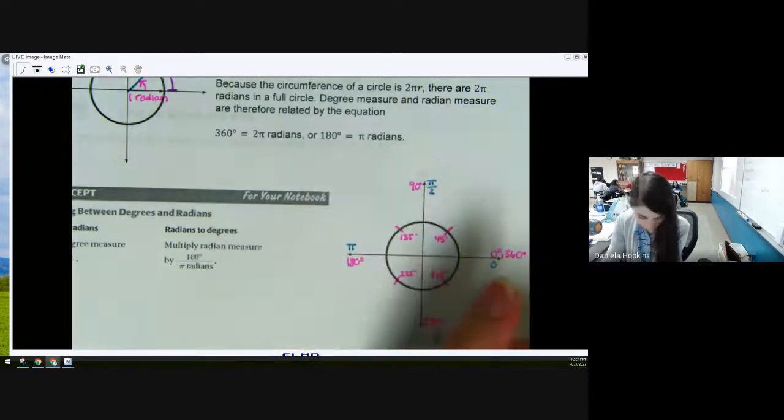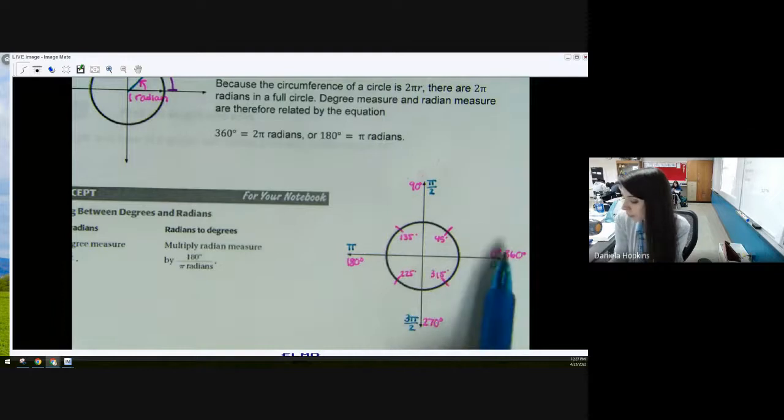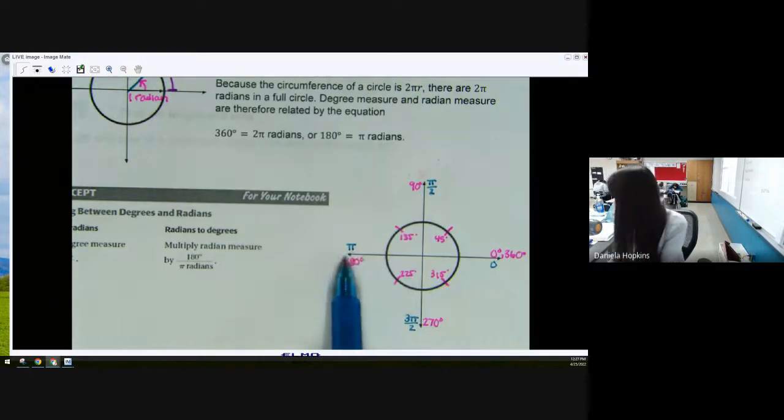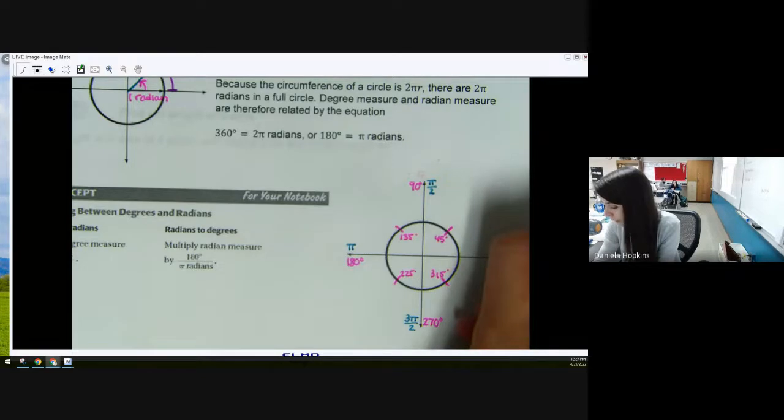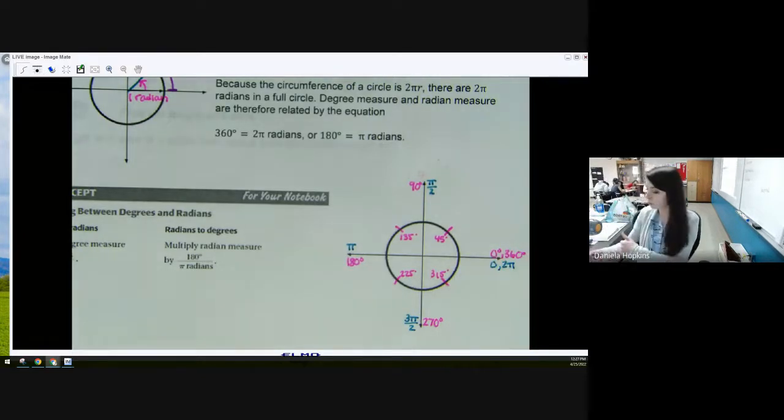And then 270 would be 3 pi over 2, because essentially you're just adding pi over 2 each time. This would be 0, pi over 2, 2 pi over 2, which reduces to pi, and 3 pi over 2, and then 4 pi over 2, which reduces to 2 pi.